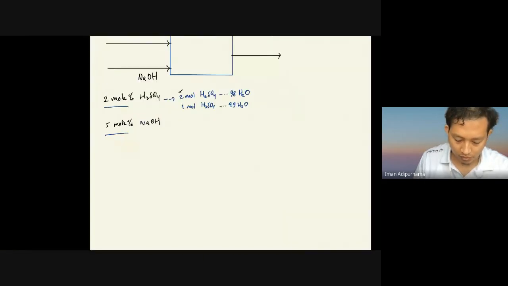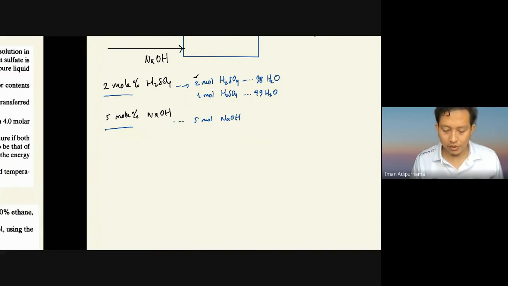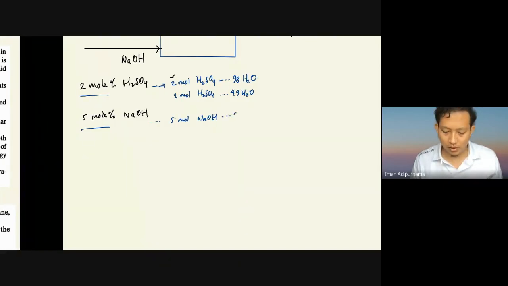Now look here. 5 mole, if you have 5 mole of the sodium hydroxide, this will have the rest as water, right?